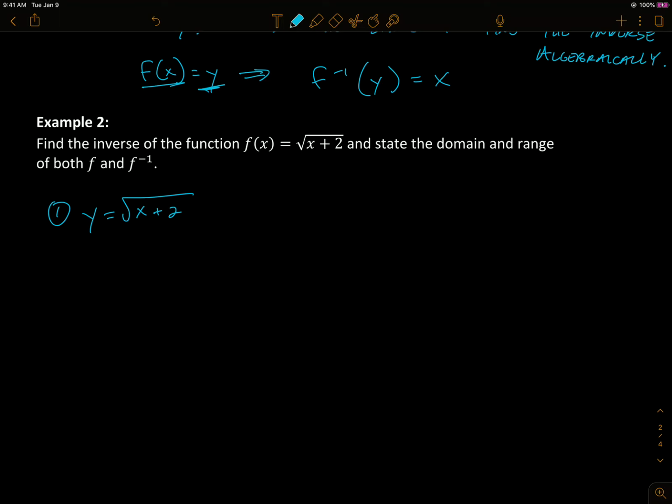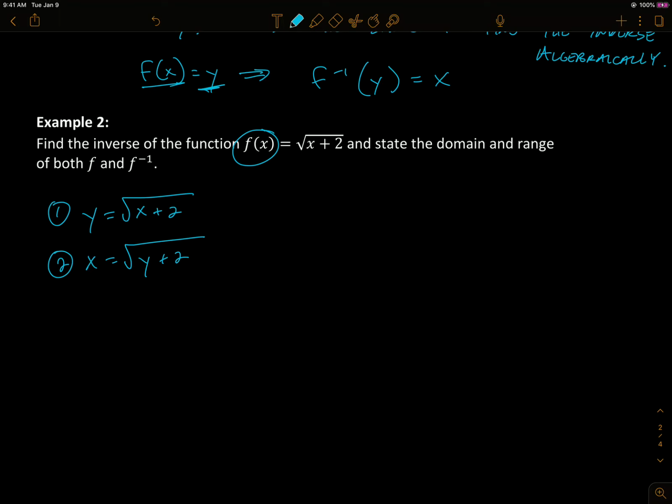That really represents y, so we're going to write it as y, because then step 2 is going to be to interchange the x and the y. So step 1 is a simple step, but it's going to be to make that substitution there, replace f of x with y. So step 2 is then going to be to find the inverse. We're going to interchange or switch the x and the y. So now we have the inverse.